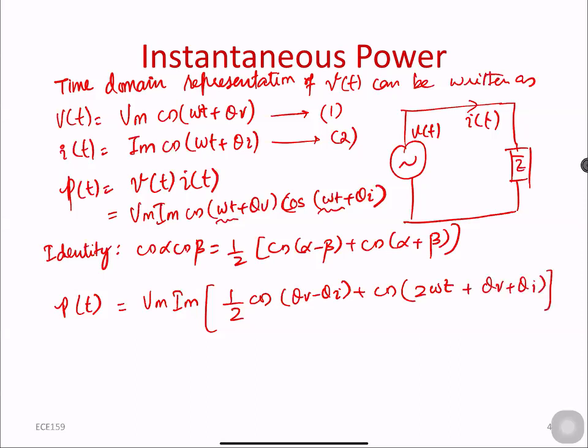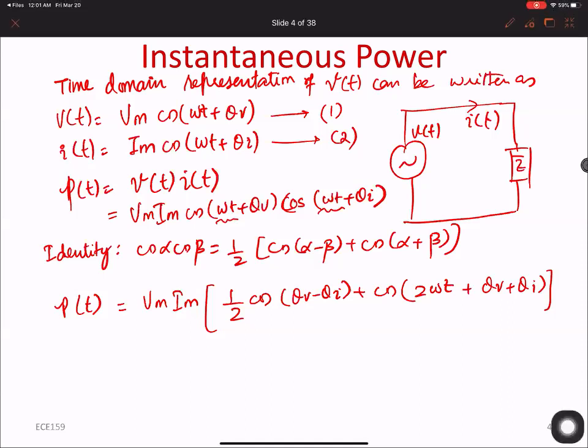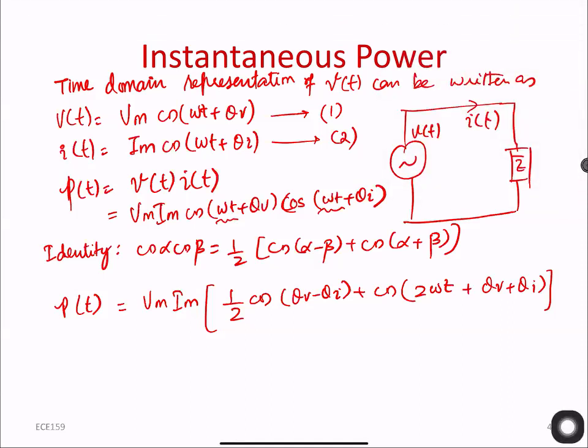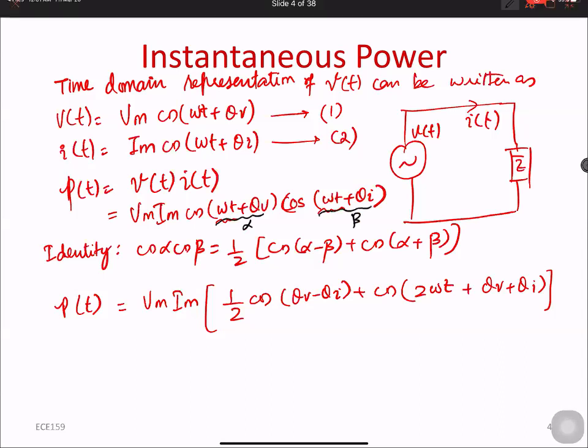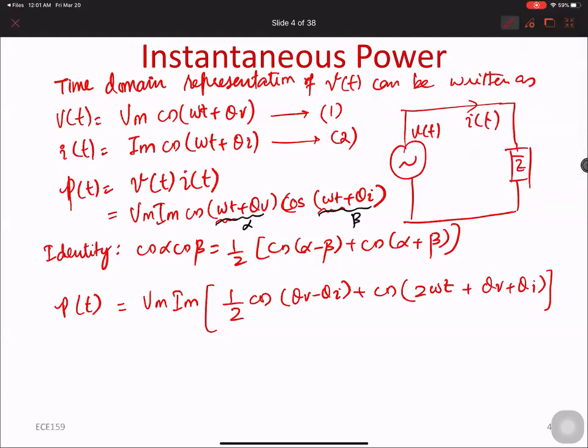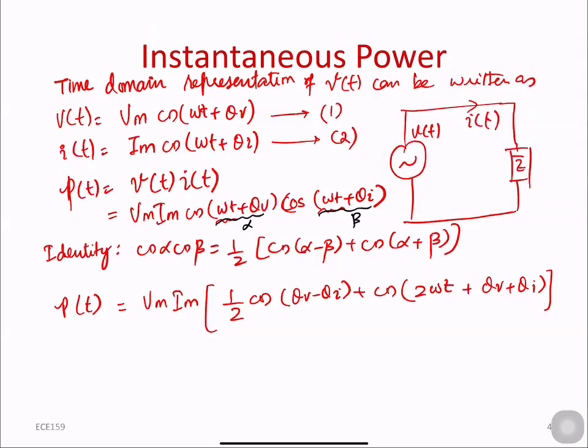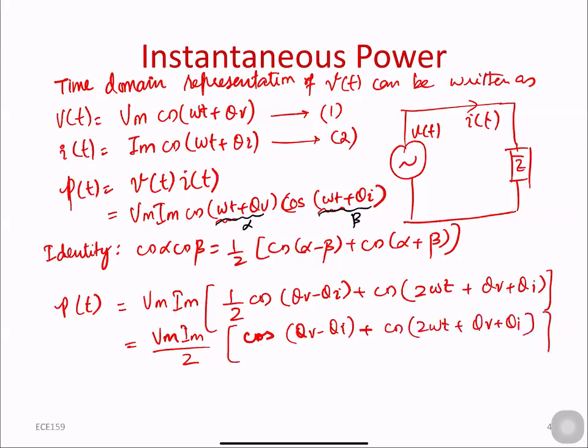Let me write it too for clarity. This is my alpha and this is going to be the beta. All right, so we can write this as Vm Im by 2 times cos of theta v minus theta I plus cos of 2 omega t plus theta v plus theta I.